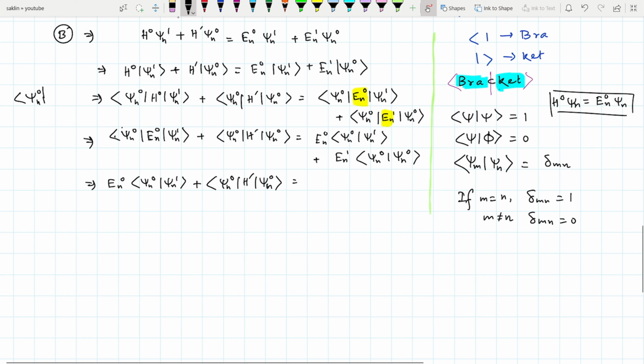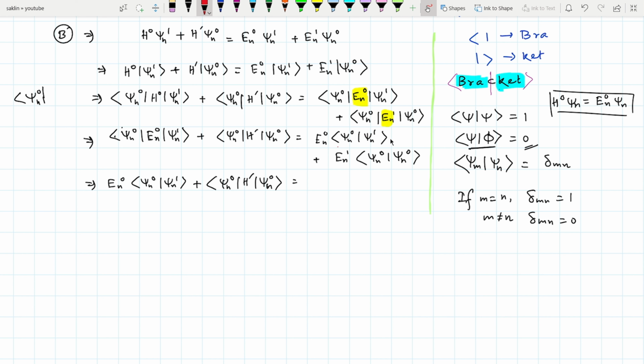And I have told you that if psi and phi are two different wave functions, then by the orthogonality condition we can say it is 0. So here this will be 0. Yes or no? Okay, wait.